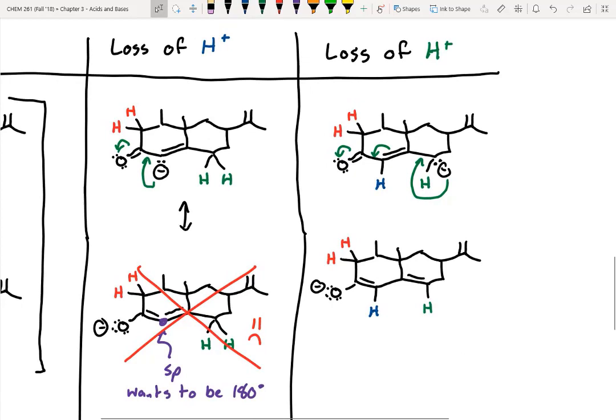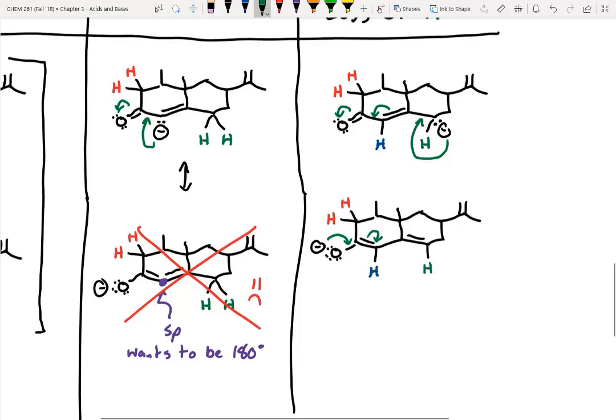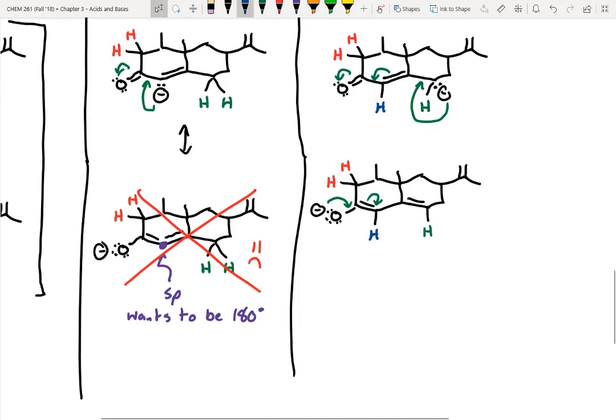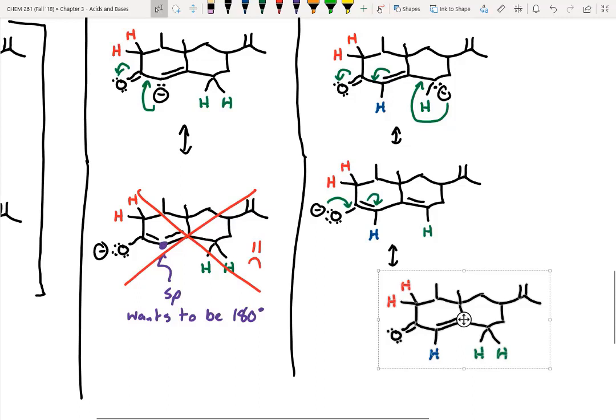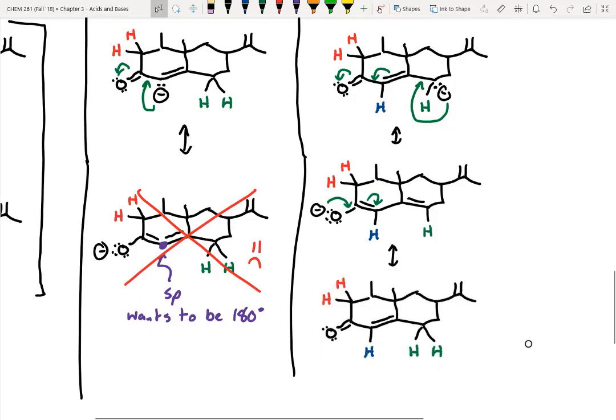So for example, maybe I could kick this electron back down and kick this electron onto that carbon. So we could be super thorough and show all of the possible resonance structures. So let me go ahead and draw this in.